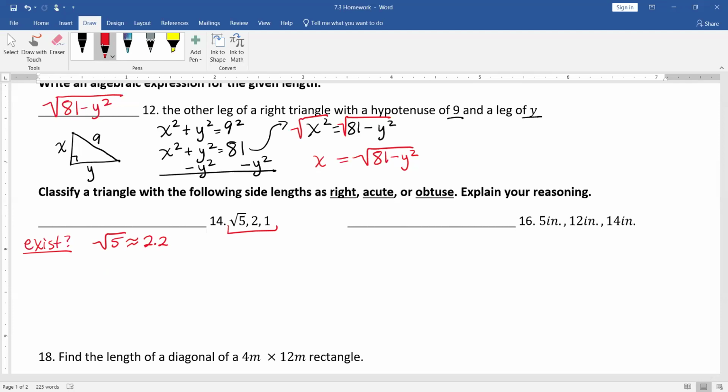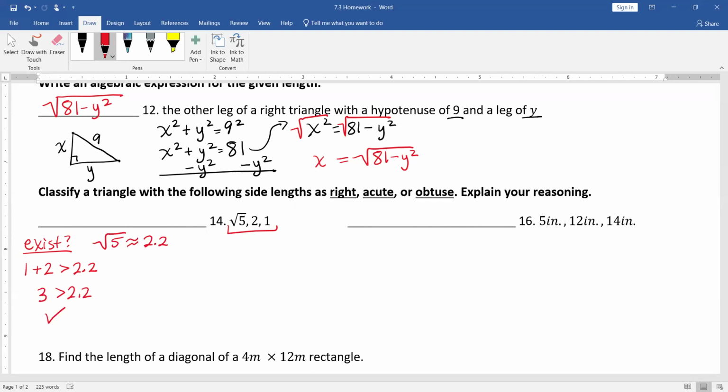That also means, with the triangle inequality theorem, that the other two sides added together, so 1 plus 2, must be greater than the longest side. So we always check that first. In this case, 3 is definitely greater than 2.2. So yes, these are possible lengths for a triangle.